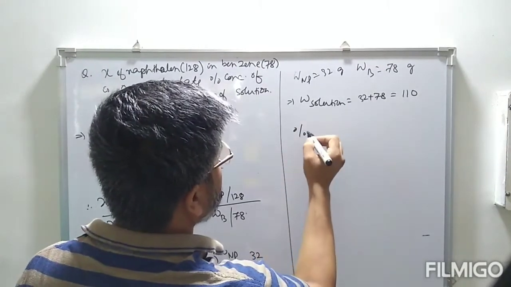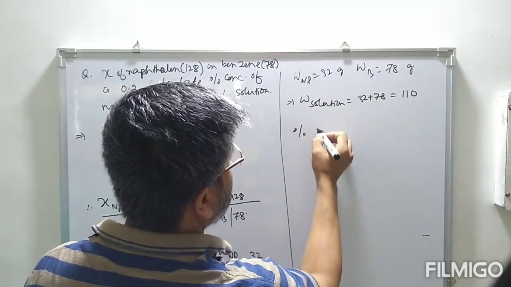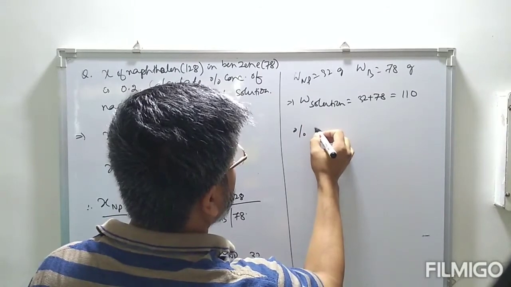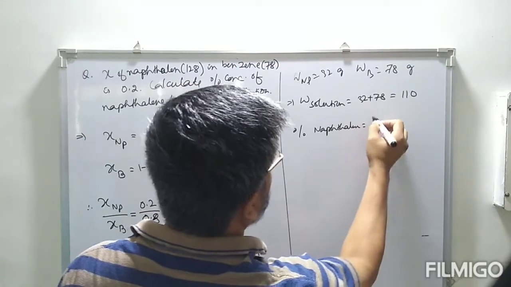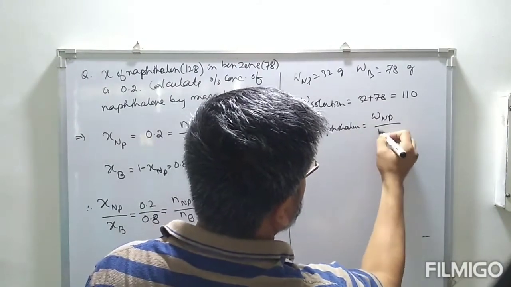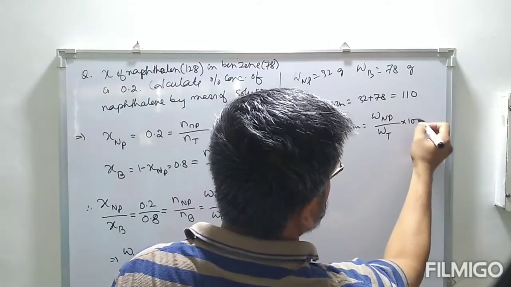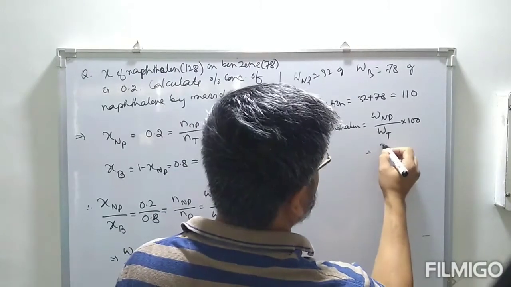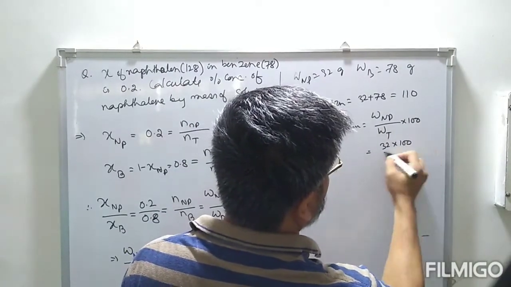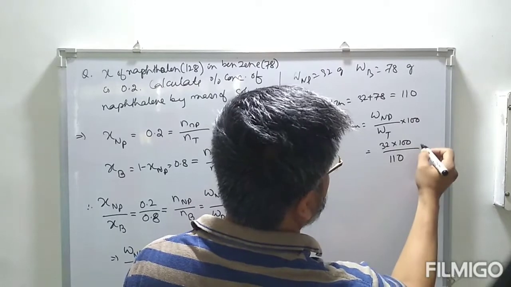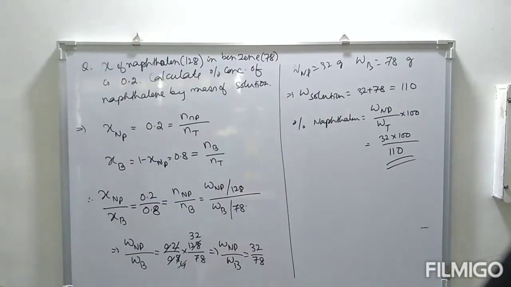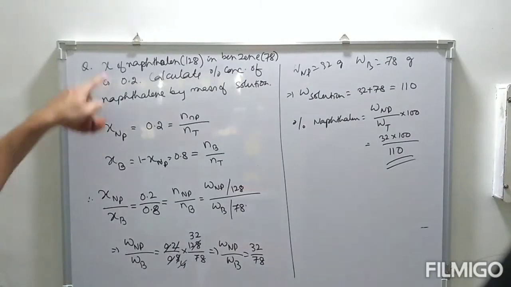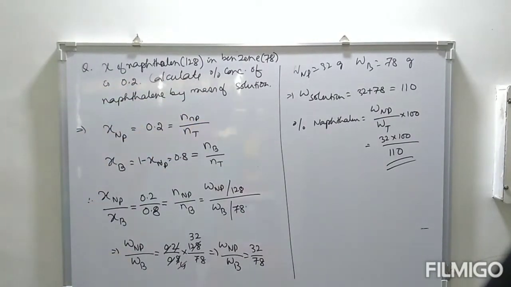So percentage of naphthalene is mass of naphthalene divided by total mass into 100. This is the mass percentage of naphthalene whose mole fraction is given here.